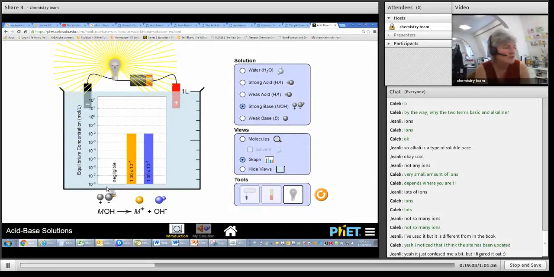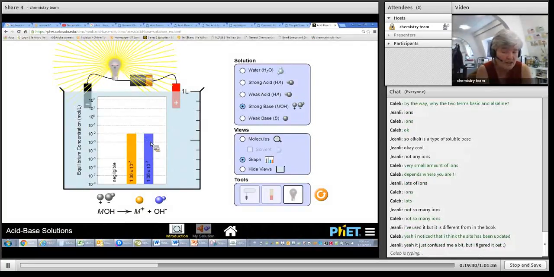You wouldn't have any sodium hydroxide present because all the NaOH is broken up completely. You've got Na and OH as separate. So notice you have equal amounts. And what you don't have, but there will be a tiny little bit over here, is from the dissociation of water. So what other ion would be present in an aqueous solution?